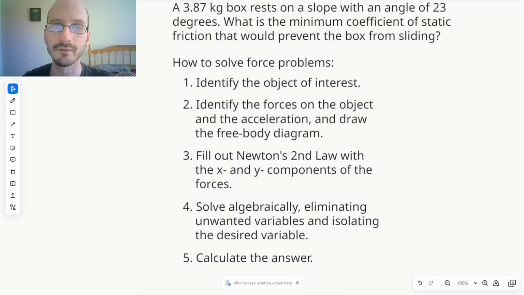We did it by following the 5-step process of force problems: identifying the object of interest, identifying the forces on the object, the acceleration, and drawing the free body diagram, filling out Newton's second law twice, once with the x components of the forces and once with the y components of the forces, solving the equations algebraically to eliminate unwanted variables and isolate the desired variable, and finally, calculating the answer. Using this method, you can solve not only box on a slope problems, but any problems involving forces and accelerations.